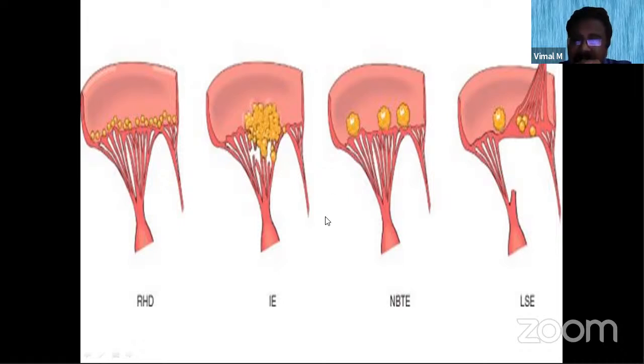Usually you will be getting this in carcinomas, in conditions like cancer. So non-bacterial means it is not of bacterial origin; it is a non-infective etiology like carcinomas.